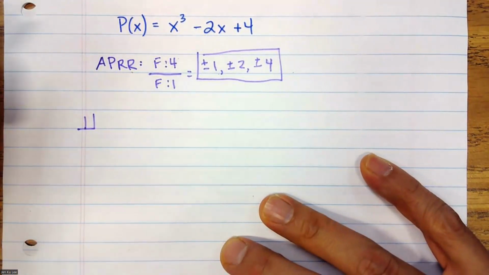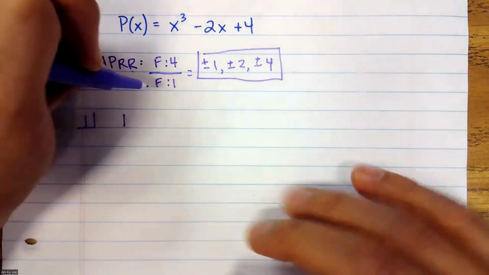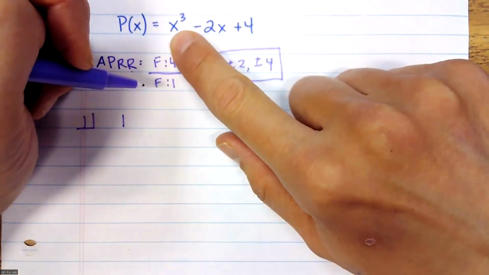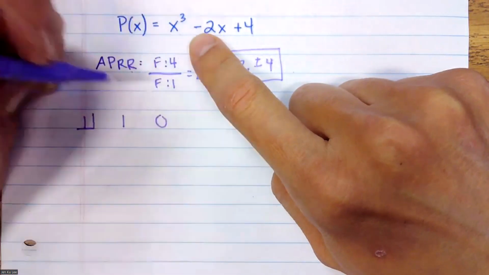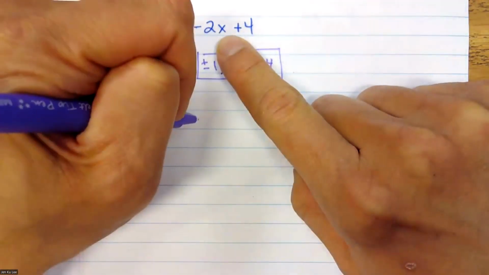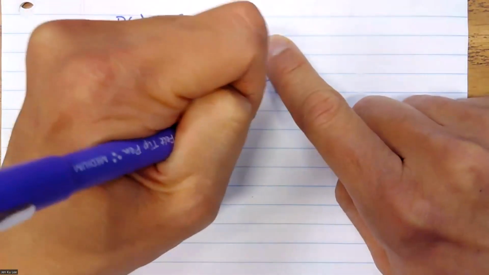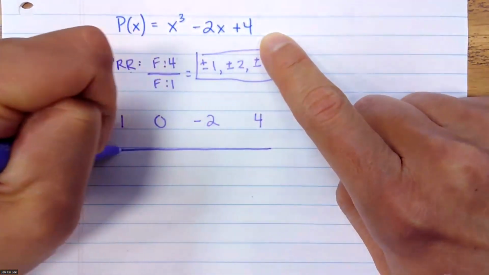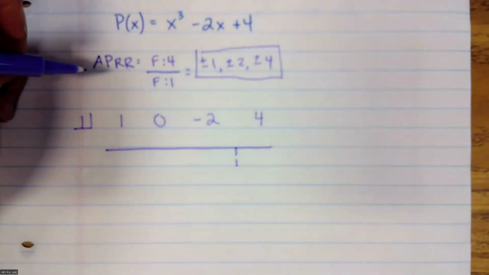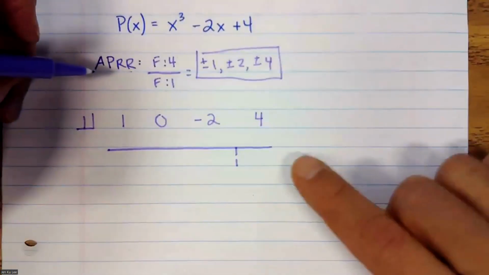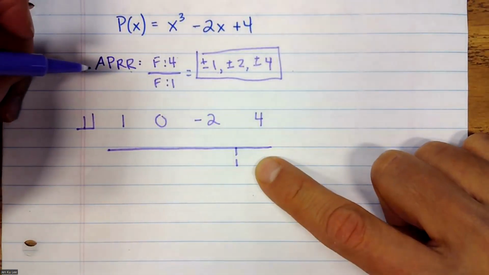I'm going to test out 1. Coefficient for x cubed is 1. Coefficient for x squared is 0. Coefficient for x is negative 2. And then positive 4. Right? And I know my last number here is going to be my remainder.